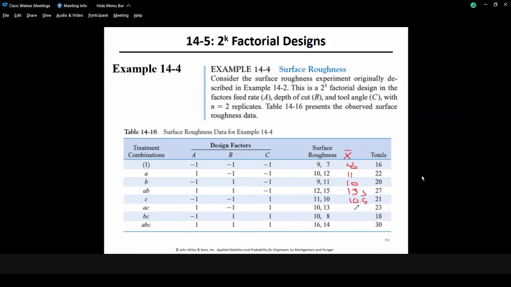This is 11, 11.5, 11.5, 9, 15, right? 15.